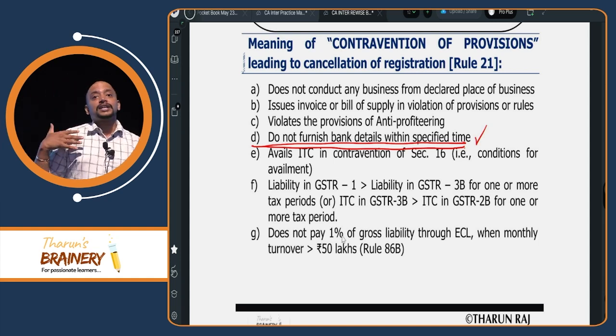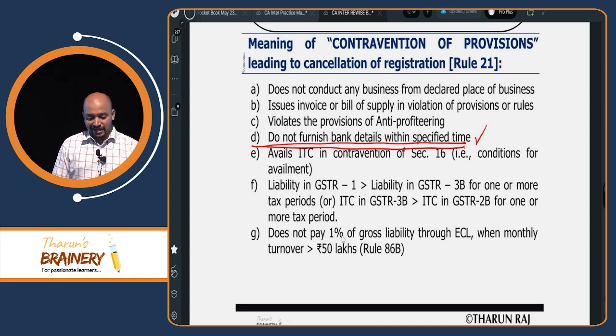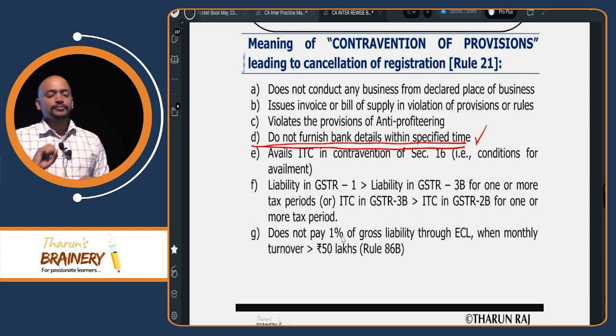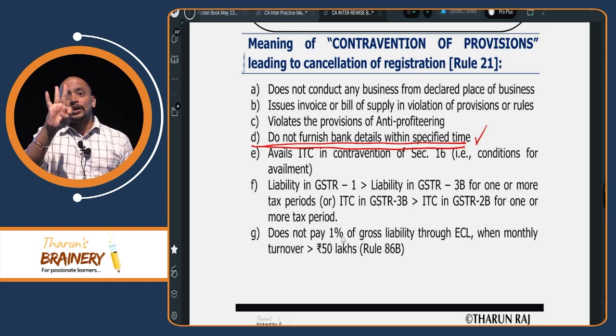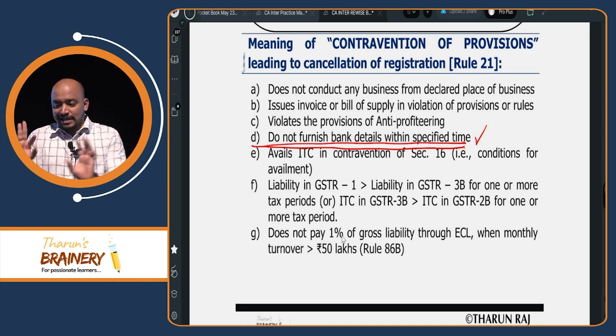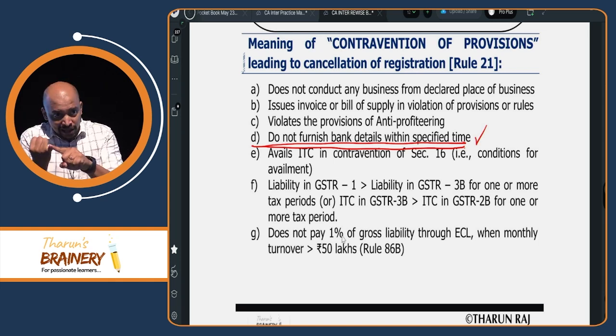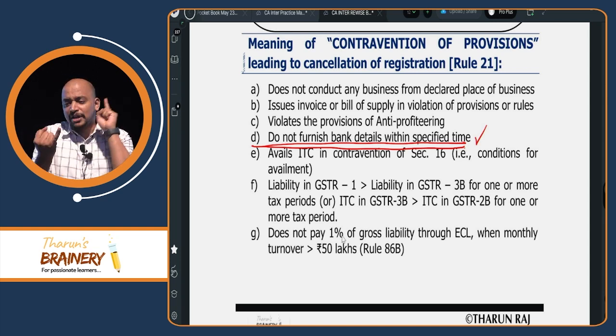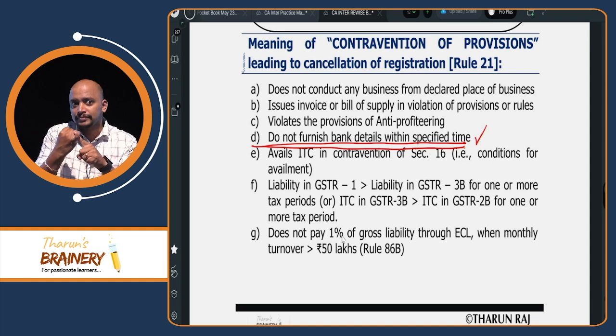So what are the contravention of provisions that leads to cancellation of registration? 7 points, easily we can remember. 3 wrong things, that is wrong invoice, wrong ITC, wrong address. What is the meaning of wrong invoice? You have not given the invoice with proper details.